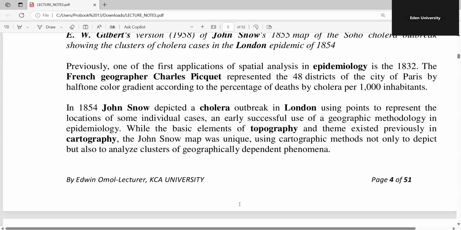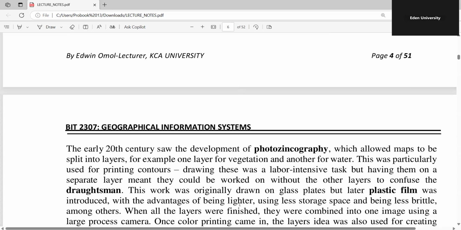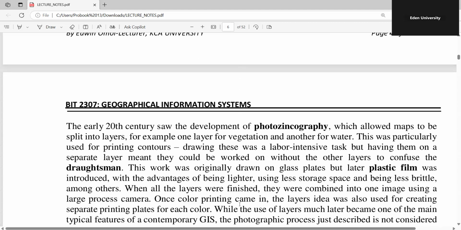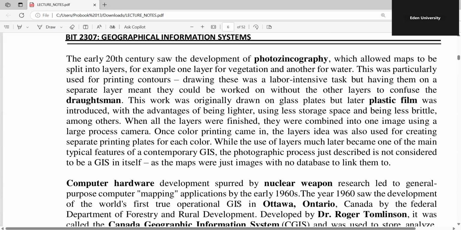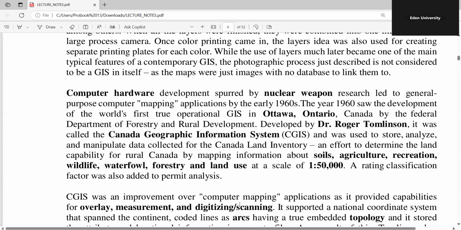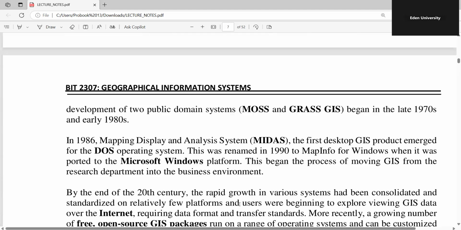So John Snow was able to do that. I will give a brief summary of that.